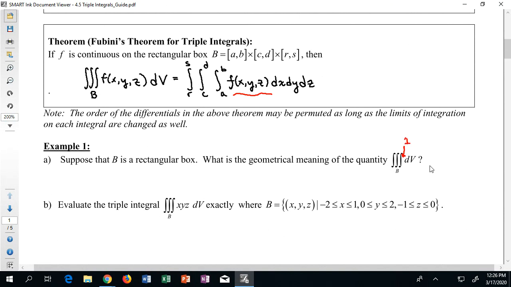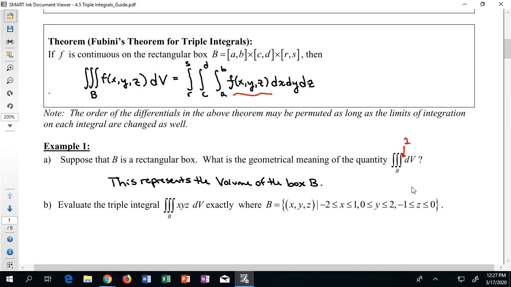And so in the same way, when I did a double integral with a 1 as the function, I calculated an area. And so when I do this triple integral with a 1 in there, this represents the volume of the box B.